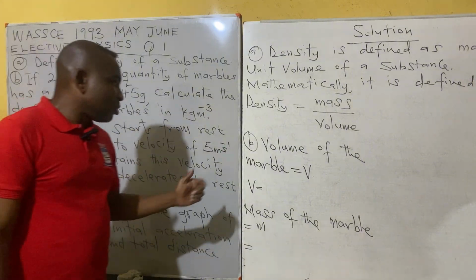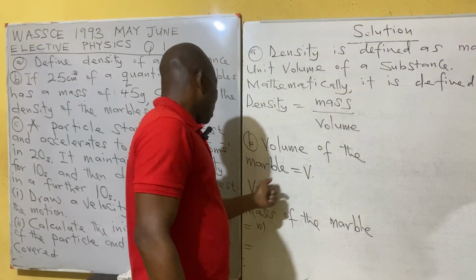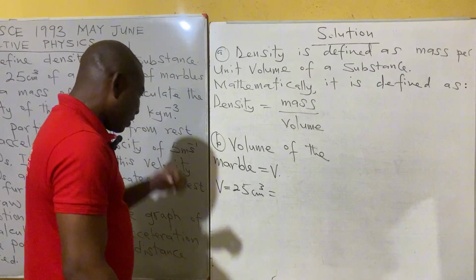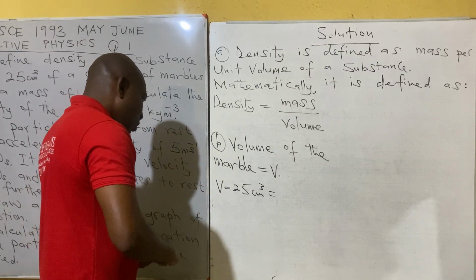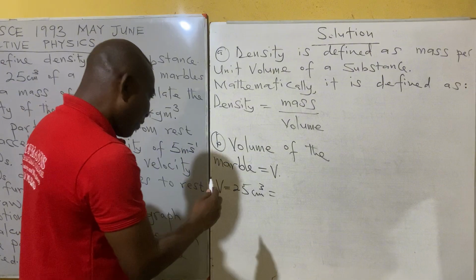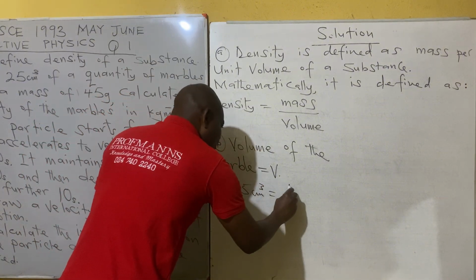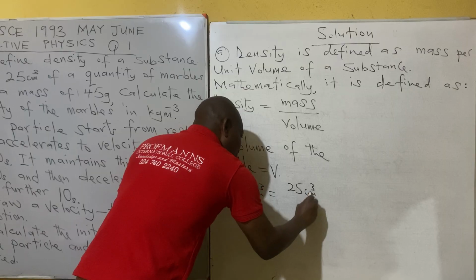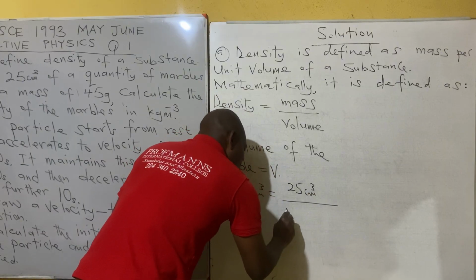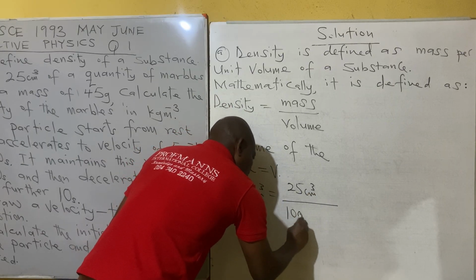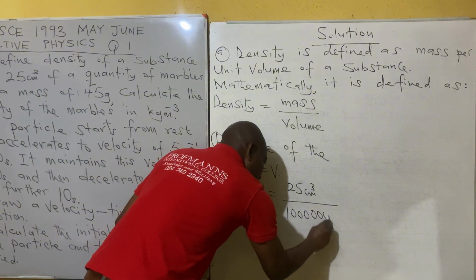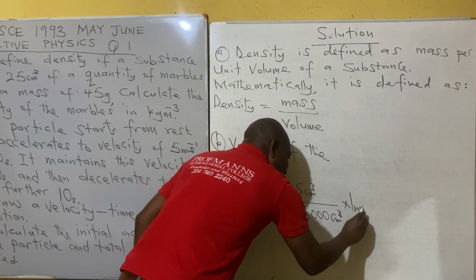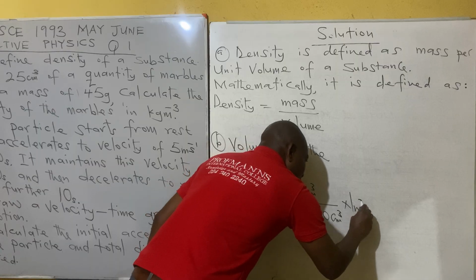So we say that for B, volume of the marble is equal to V. So V is equal to 25 centimeter cube. So we are converting this 25 centimeter cube to meter cube. So it will be 25 centimeter cube over 1 million centimeter cube times 1 meter cube.